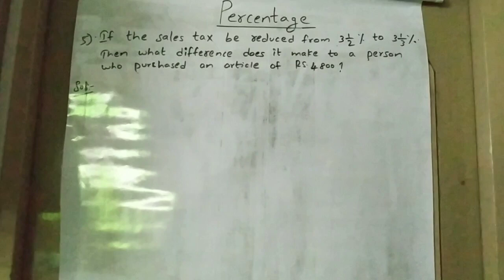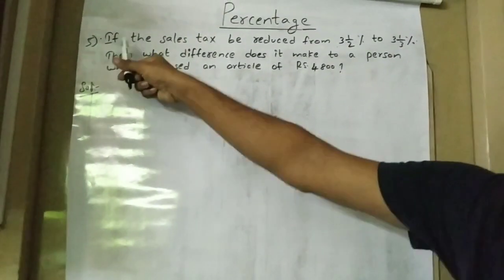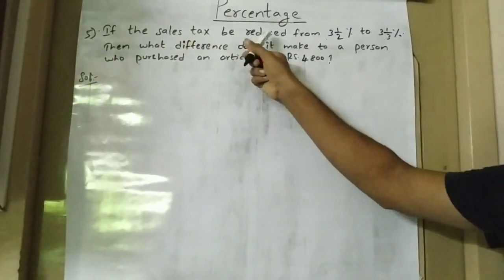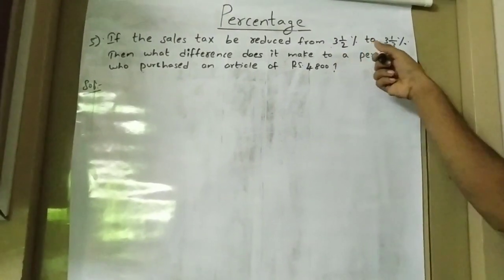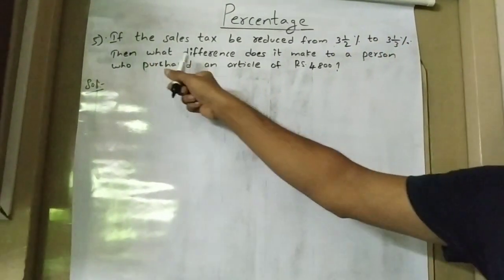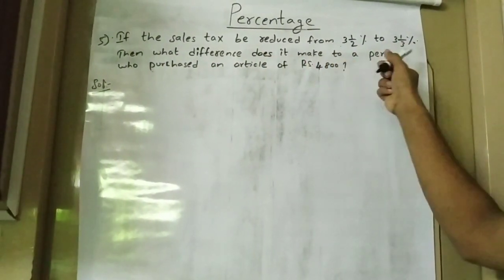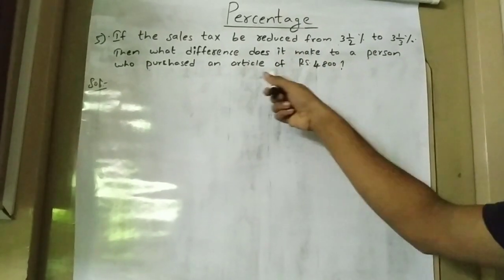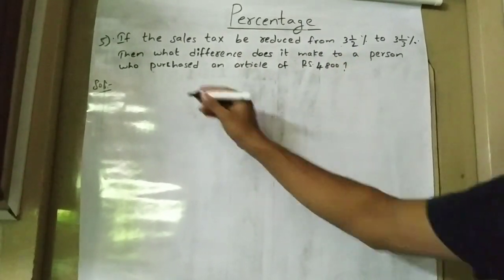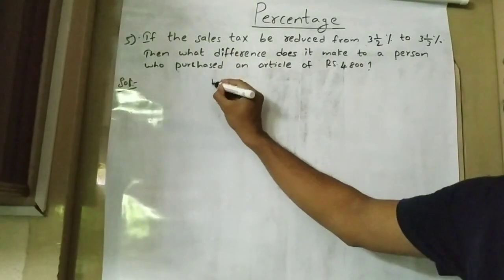Okay. So in this fifth question it is given as if the sales tax is reduced from 1 by 2% to 1 by 3%, then what difference does it make to a person who purchased an article of rupees 4,800? So they are asking what difference.